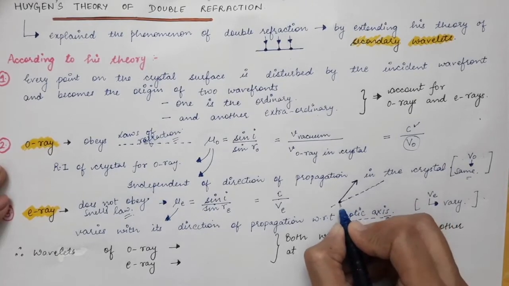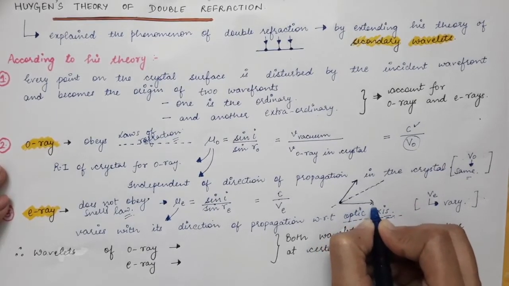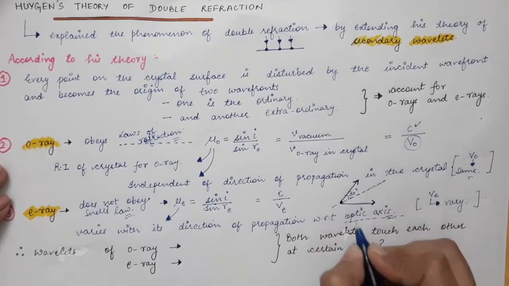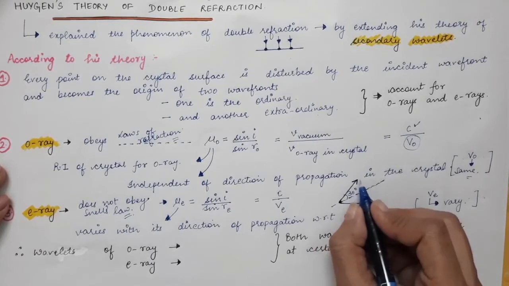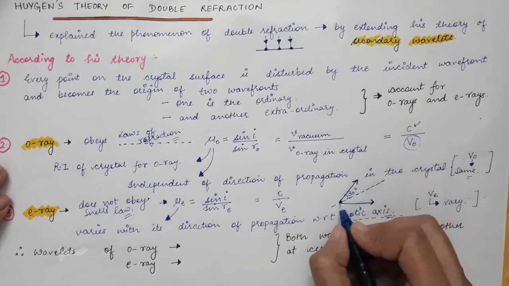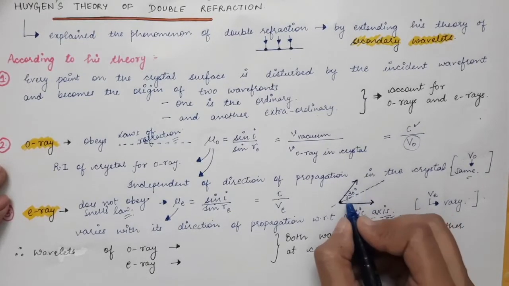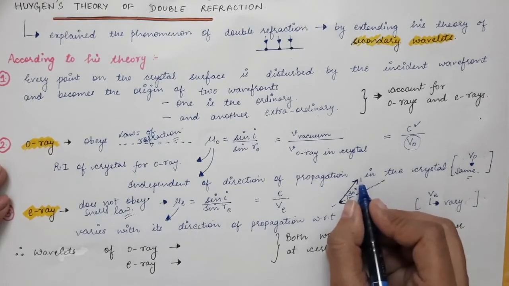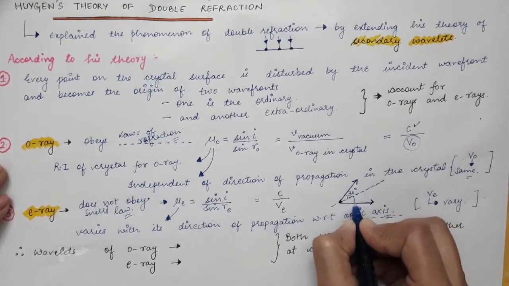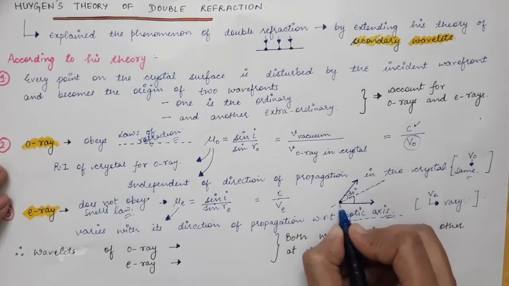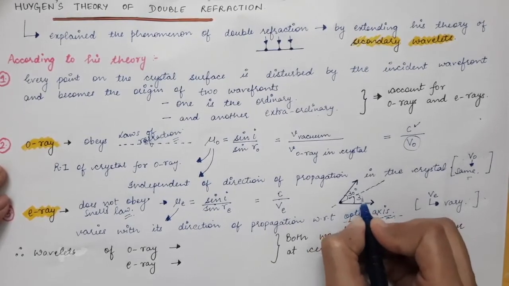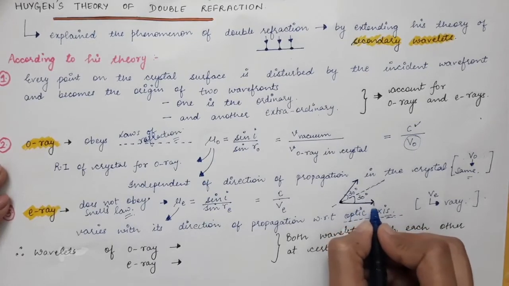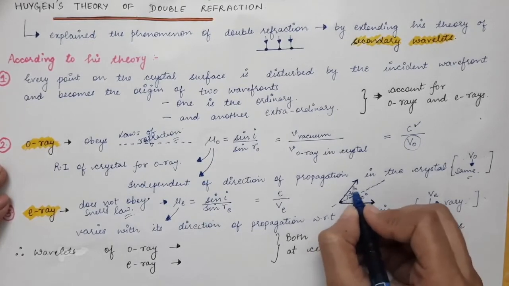Now if the E-ray travels in this other direction, and let's say this angle is 30 degrees with respect to the optic axis, so the direction of propagation makes an angle of 30 degrees with the optic axis, the E-ray will travel with a certain velocity. If the E-ray travels in the other direction making the same angle of 30 degrees with the optic axis, the velocity will be the same as in the previous case.